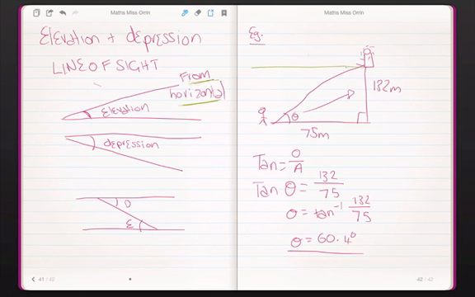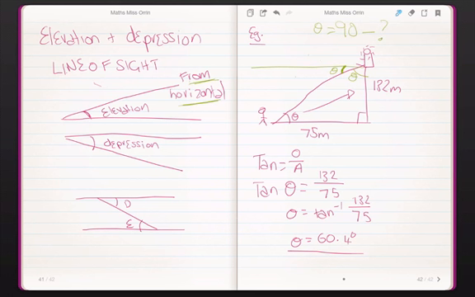So if we were told to figure out the angle of depression, we need to know this angle in here. Now this angle is not part of our triangle. So what we would do is figure out this angle in here, and then these two together must make 90. So theta would equal 90 minus whatever this is, okay? Whatever that number was, if we figured it out.